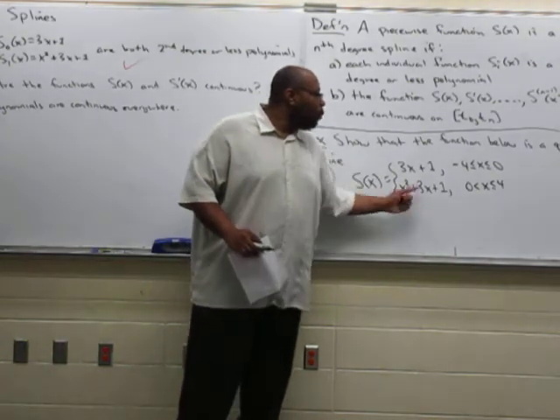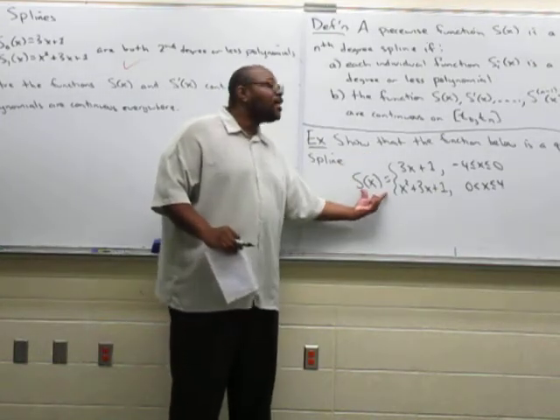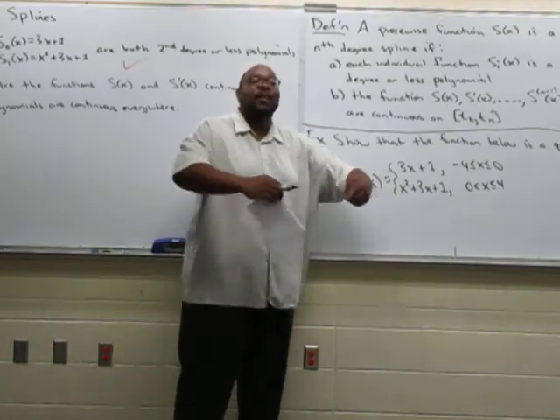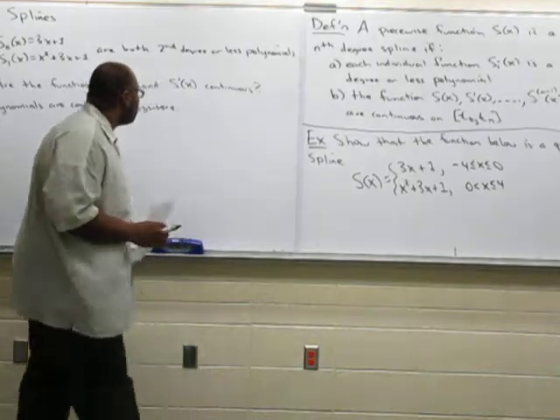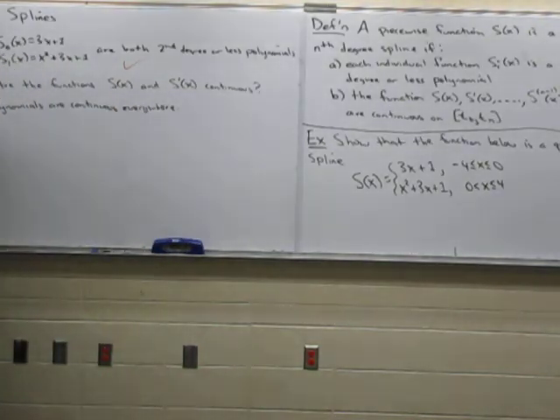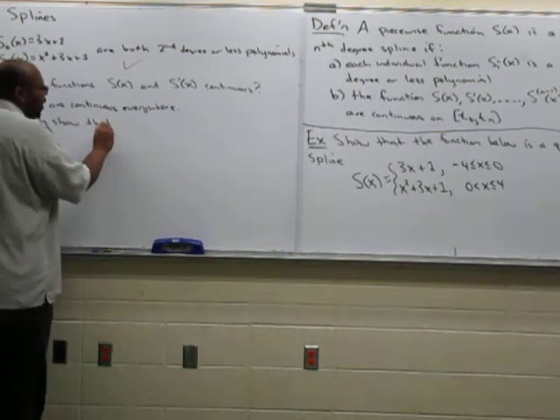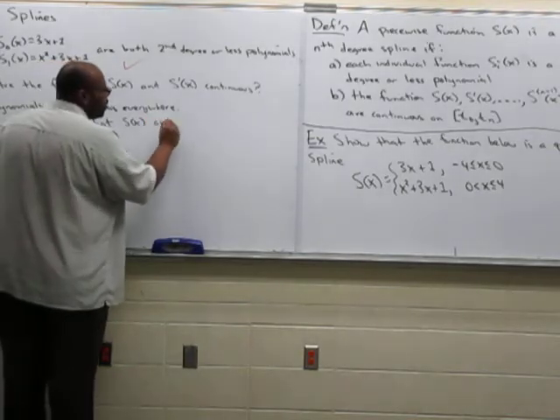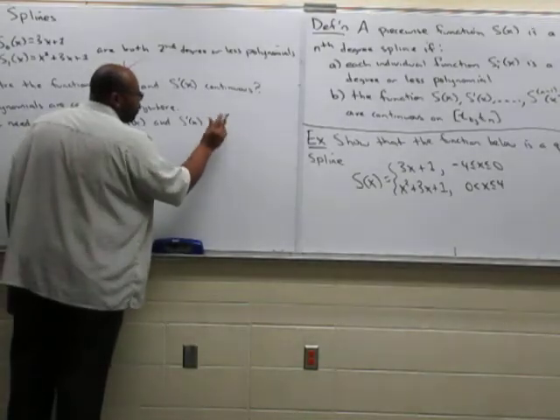The problem is we need to make sure that for this function S of x to be continuous, the 3x plus 1 and x squared plus 3x plus 1 both have to connect. They have to meet at a location. So we need to show that S of x and S prime of x are continuous.